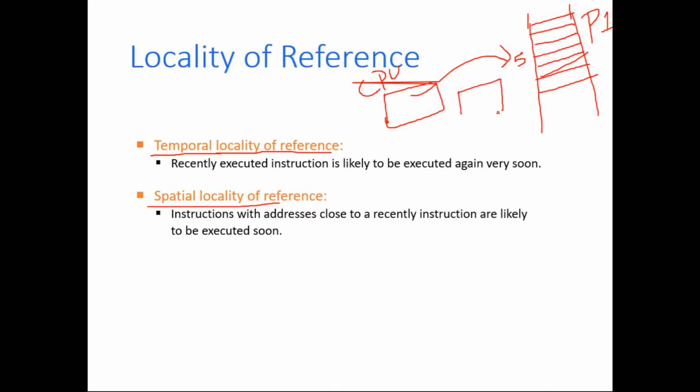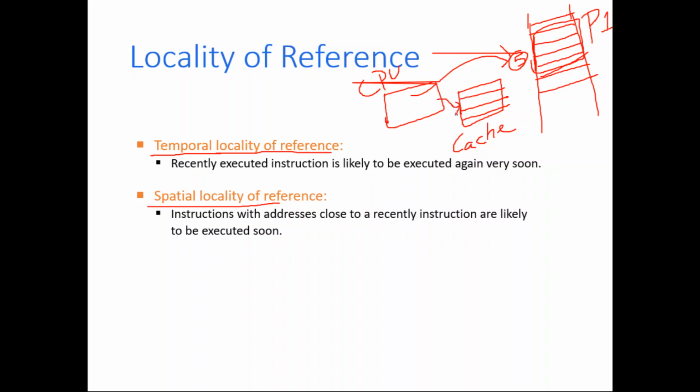But in reality, the memory control unit will not pick up only this one word, rather it will pick up a block of words. A block is a set of words. It will take this entire block and keep it in the cache memory, and then the CPU can access word 5 from the cache memory.